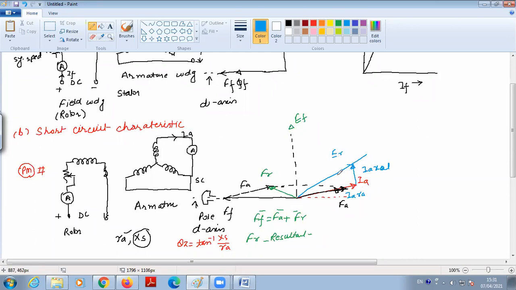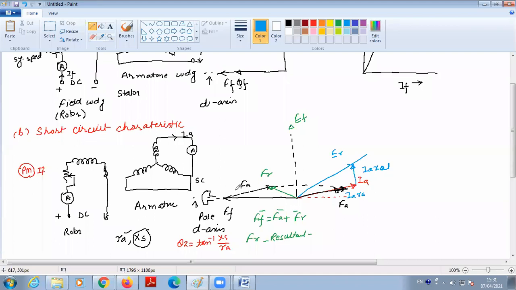No doubt the resultant voltage is very small, but for our simplicity we have expanded the part. It means that whatever the current is, it is limited because of the leakage reactance, or you can say the synchronous reactance and armature current.